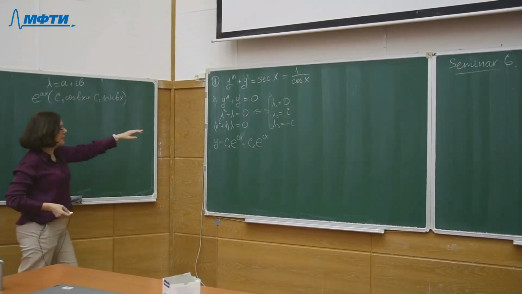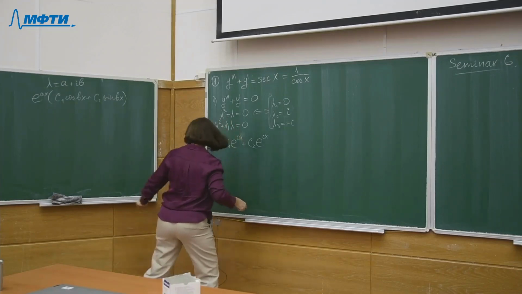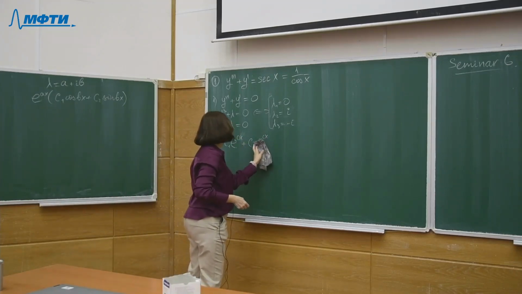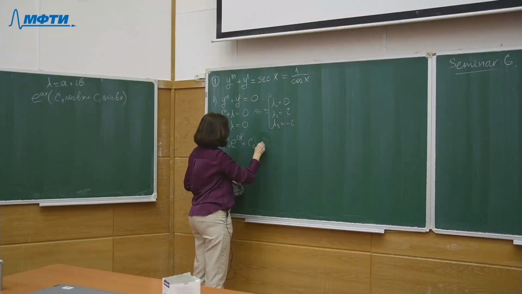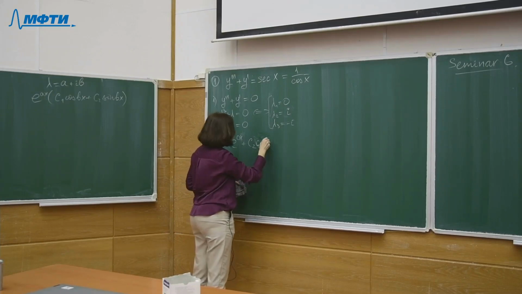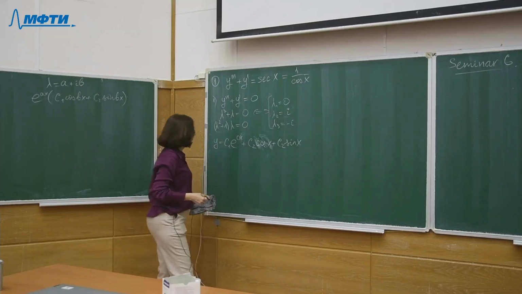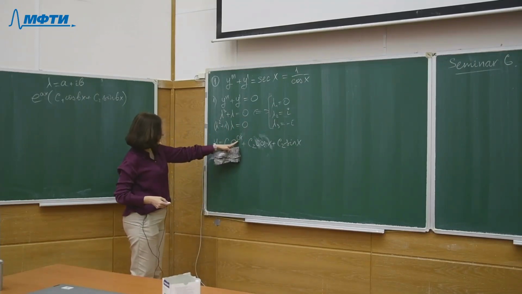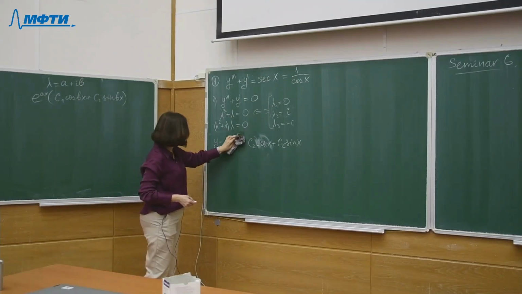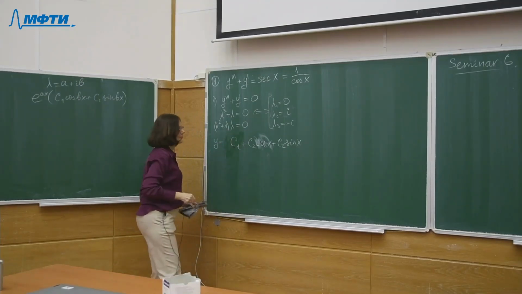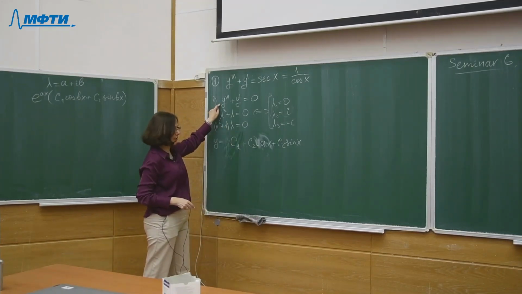Not complex solutions, but real solutions. We need real solutions, so we should remove this. So it must be c2 cos x plus c3 sine x. And e to the power 0x is just 1, so this can be replaced by c1. So this is the solution to the homogeneous equation.